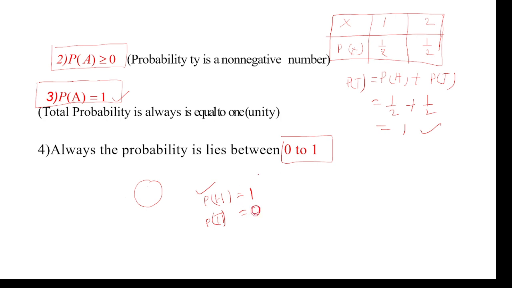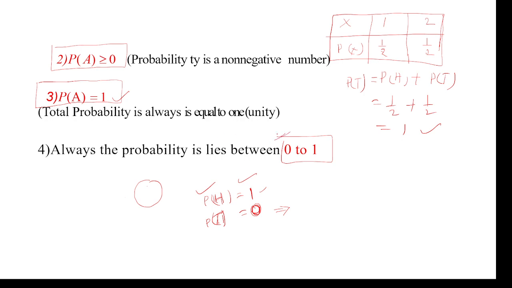This is also called the relative frequency of the probability. That's why the minimum probability is 0 and the maximum is 1. There is no negative probability at all, so the probabilities always lie between 0 and 1.